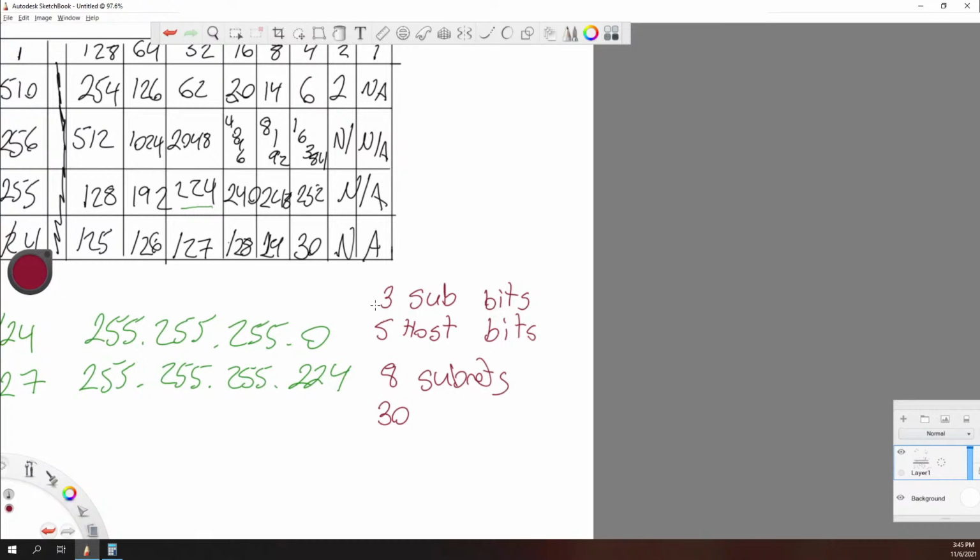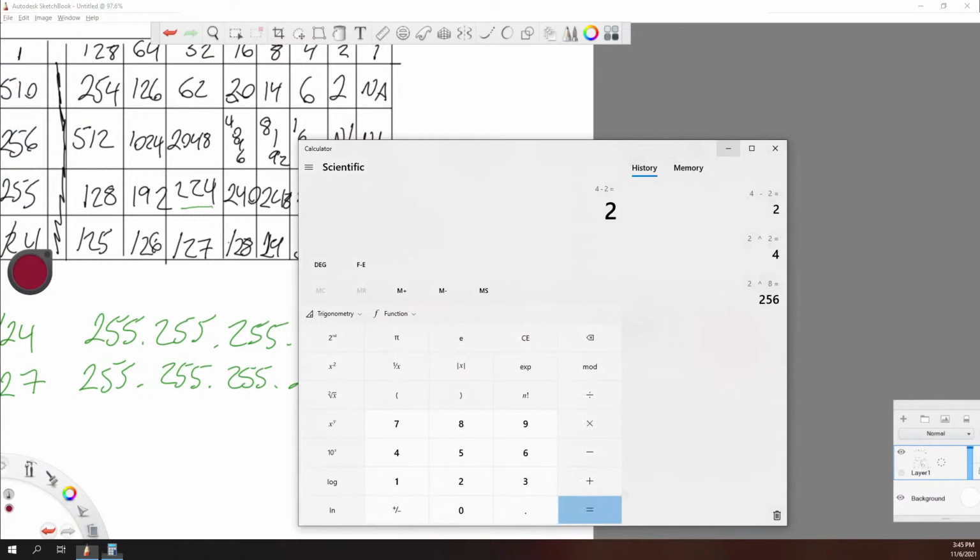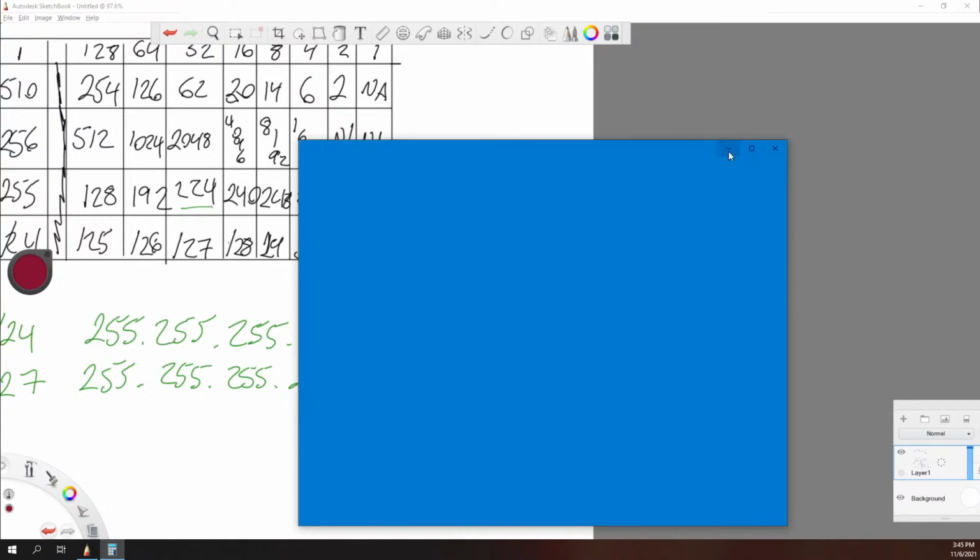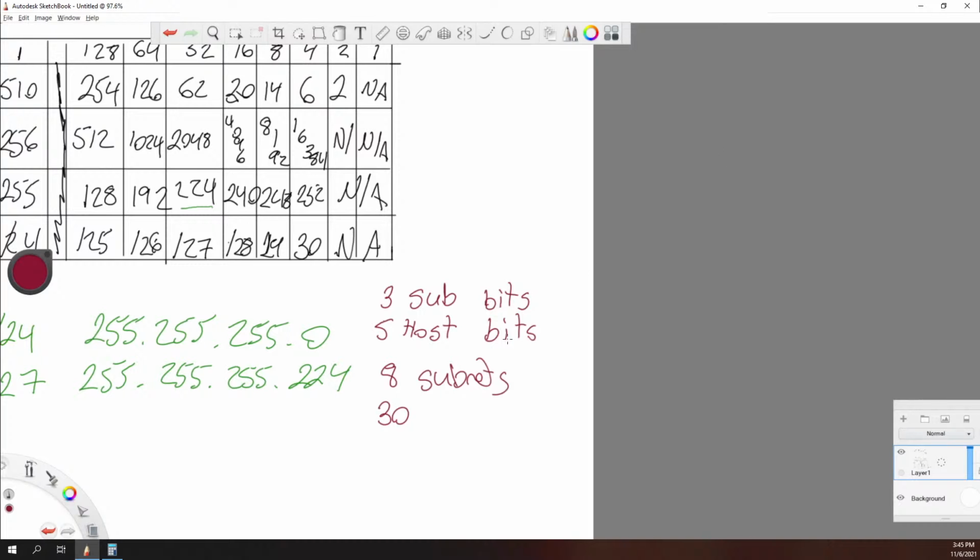And you might say, well, how do I know that? Well, we know how many bits we have, which is 5. So same thing as before, we take out our calculator, 2 to the 5 minus 2, we have 30. We know there's 3. 2 to the 3, we got 8. So really easy. We can go ahead and do that kind of math.